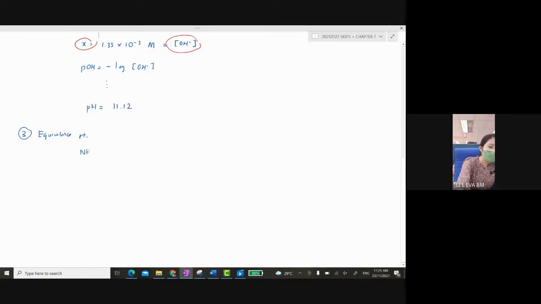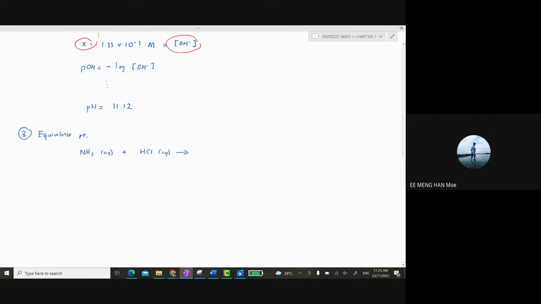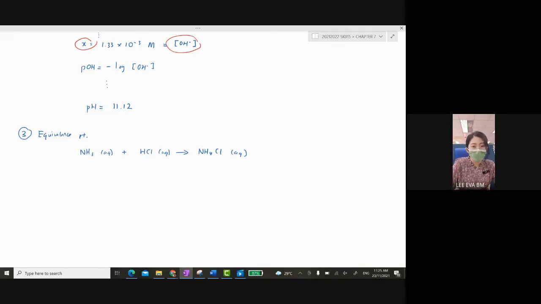The first one is the neutralization equation: weak base plus strong acid gives you NH4Cl. Very good. The salt. If you don't have H2O as the product, don't worry. The aqueous itself indicates there is water inside. So NH4Cl is the salt produced.